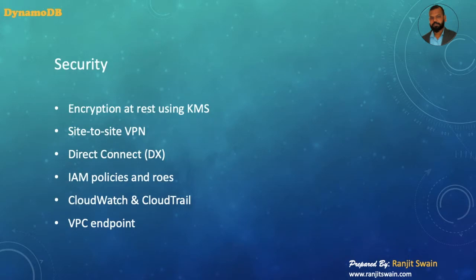So let's talk about security. What security features are there? It provides encryption at rest using KMS, site-to-site VPN security, and also Direct Connect. It provides IAM policies and roles, so whenever you create tables and use DynamoDB, you can give access to specific users or roles.